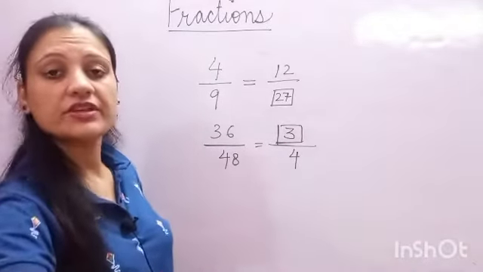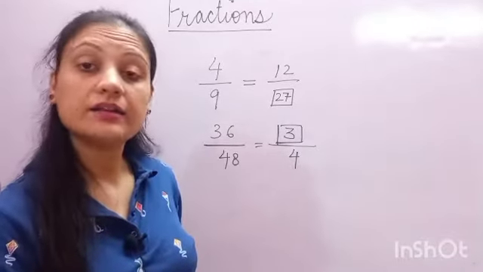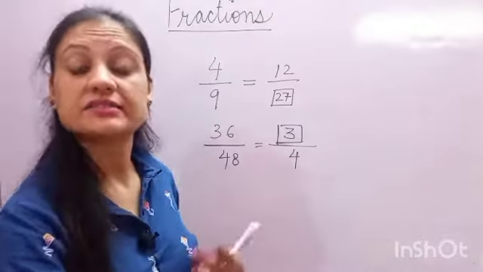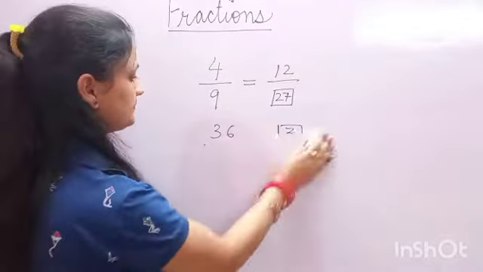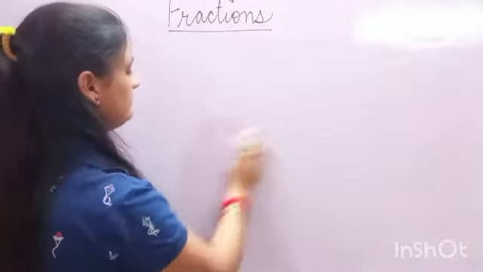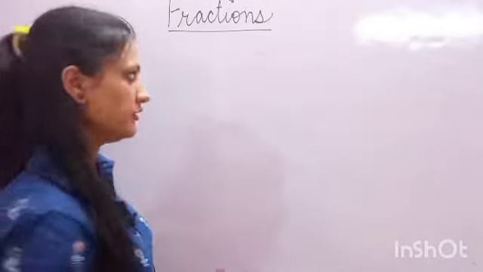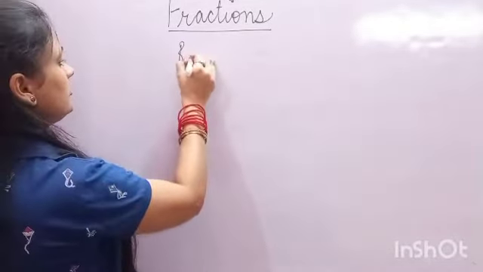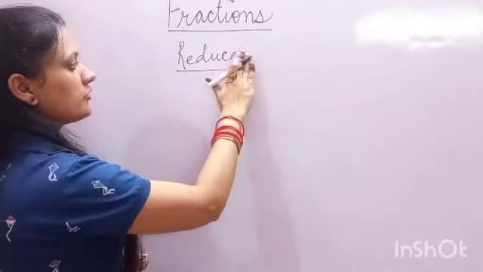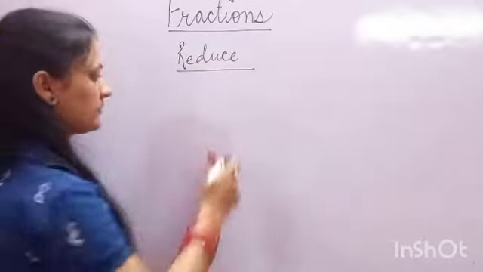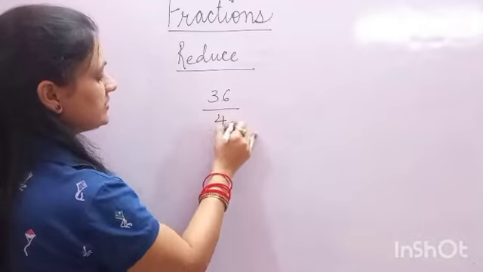Next, we have to understand how to add and subtract, simplify, and multiply, divide. Let us understand. Before that, I'll explain how to reduce to the lowest term. How to reduce the fraction, right? Suppose the fraction given is 36 by 48.